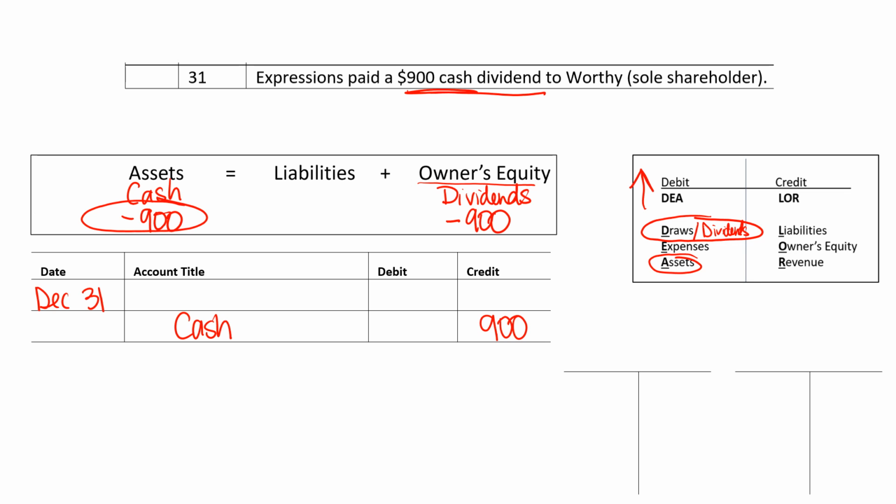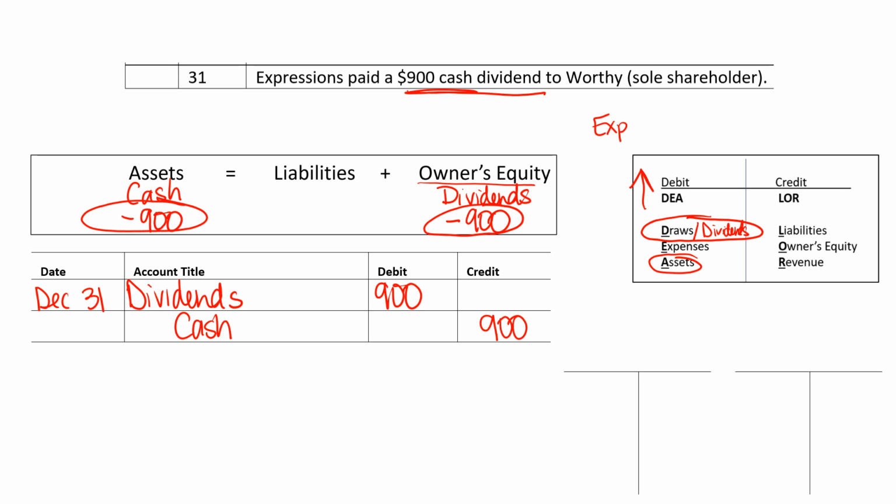Draws and dividends are recorded with a debit. So we debit dividends $900. And what I'll say about this in terms of the minus sign here, this is the same way that owner's equity is affected by expenses.